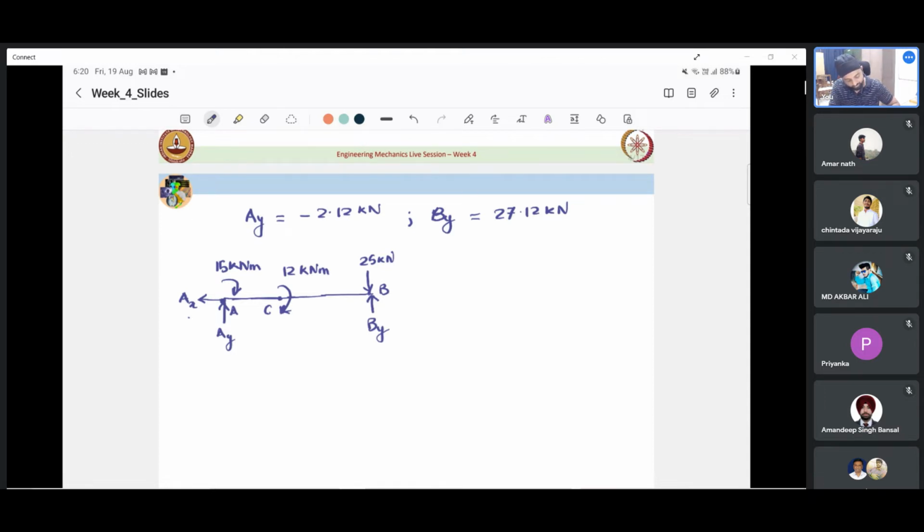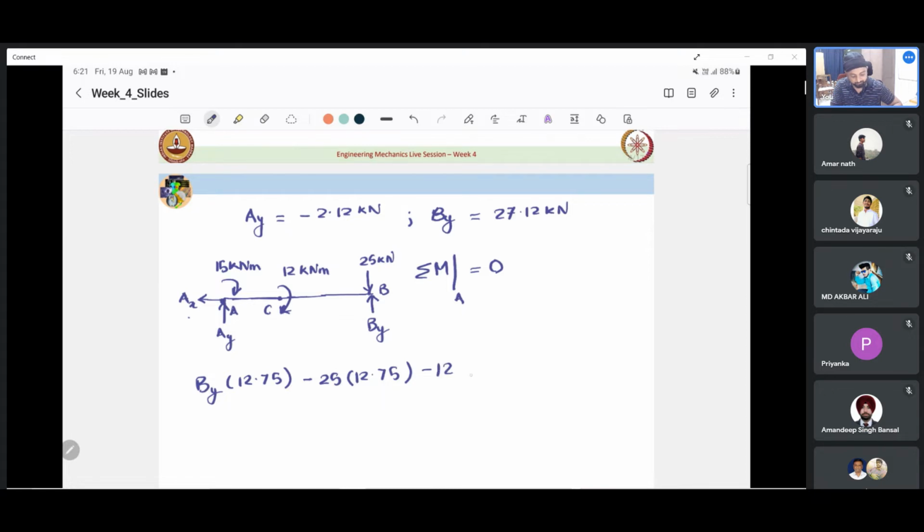Okay. So point A, summation of moment about point A equals 0. We can see that By will create an anti-clockwise moment, which is to be considered as positive. Anything else? So minus 25, that is applied at B, that is also 12.75. Since at C we have a clockwise couple applied, this will be minus 12.